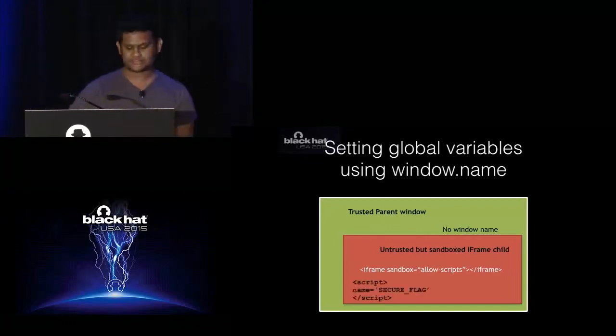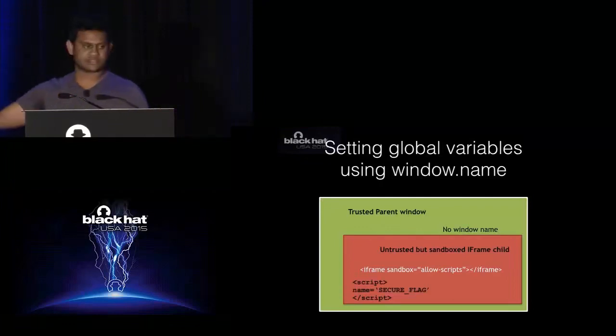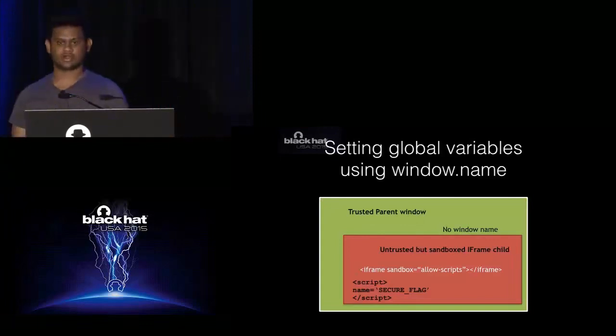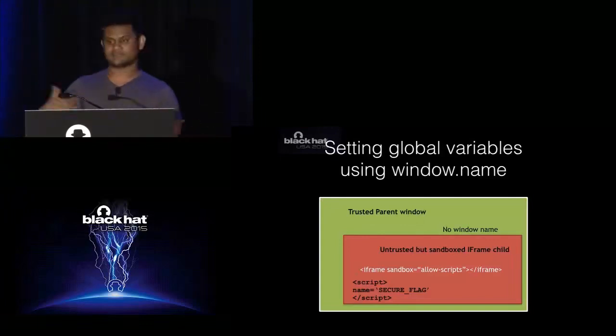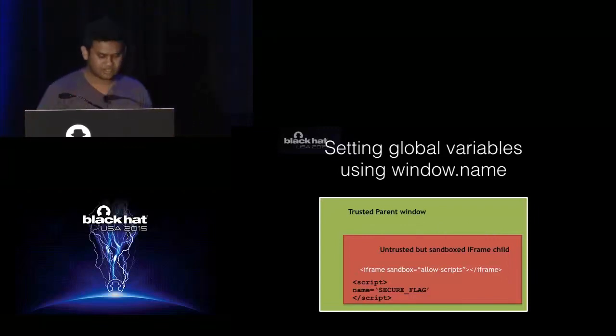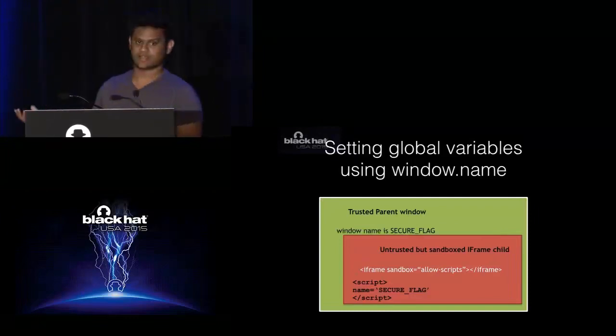Now I was able to execute any script in this context, so I set name equals secure_flag. By default, everything in JavaScript on the DOM is executed on top of the window object, so here it would be window.name equals secure_flag. So this iframe's name now becomes secure_flag.